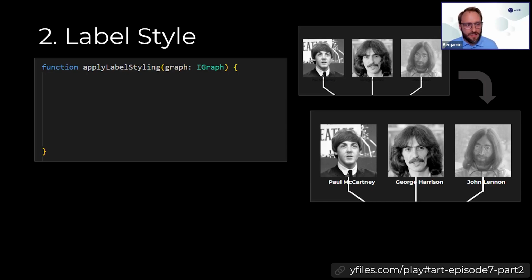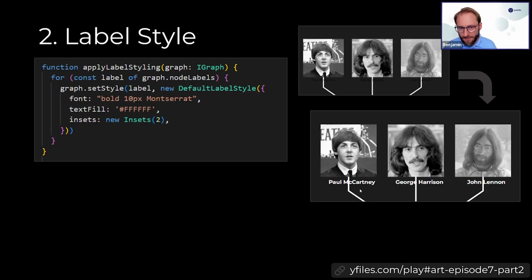So how to apply the label styling? What I first want to do is to just make them a bit larger and wider. And what you can do is, again, you just go through all labels, and then you can set the styles of the labels and just use the default label style. So this is basically very similar to what you have seen for the shape node styles.